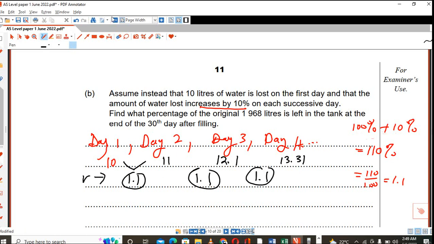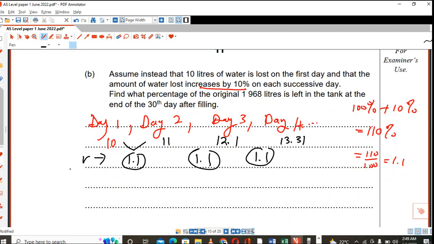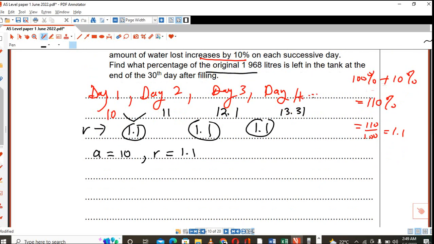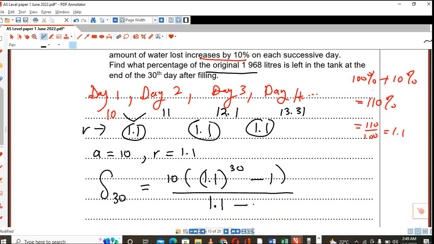Okay, so what does that mean? Now I have the following information. I know that A is equal to 10. I know that R is equal to 1.1. So when we now find the percentage of the original 1,968 liters left at the end of the 30th day, I'm going to say the sum then, which is going to be 10 in brackets 1.1 raised to the power of 30 minus 1 over 1.1 minus 1.